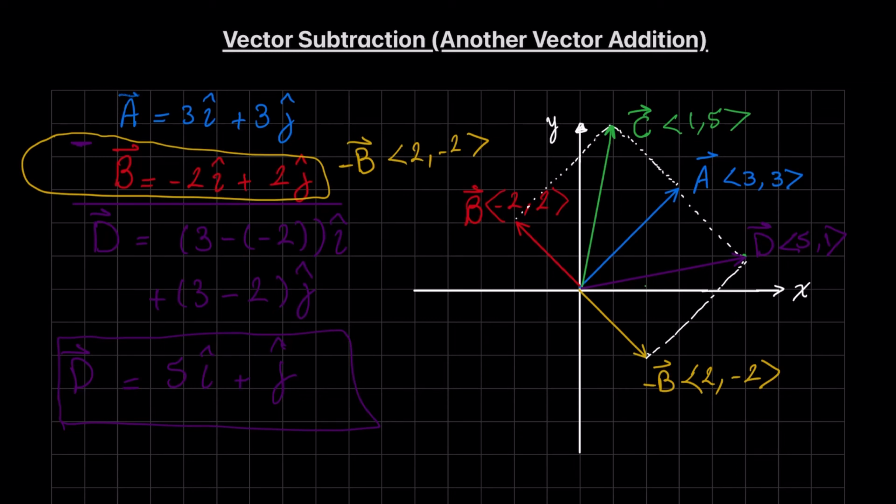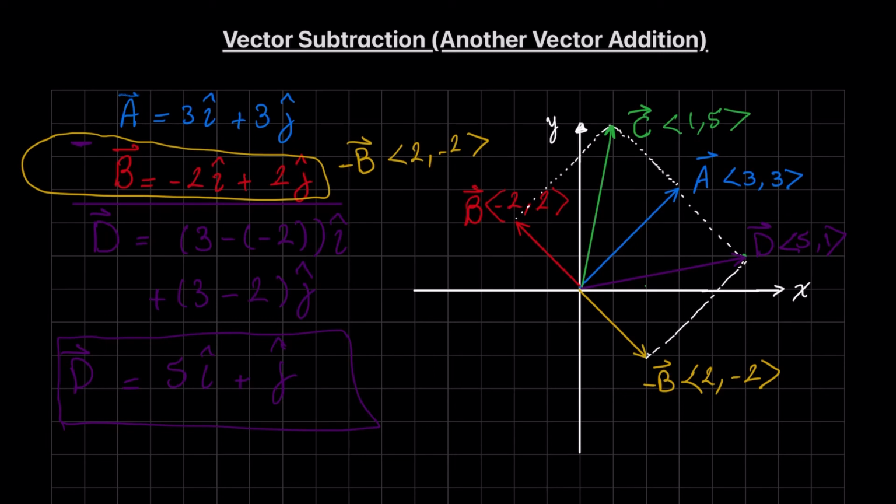The critical thing here is that the first step in doing A minus B is thinking about minus B. Minus B is another vector equal in magnitude to B and opposite in direction. As you can see here, the vector minus B is represented in yellow color.